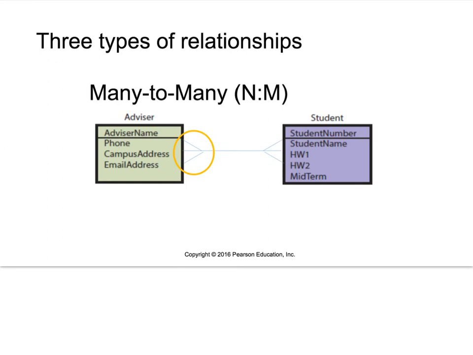To graphically represent the many-to-many relationship, draw crow's feet on both sides of the joining line between the two entities. In our example here, you see crow's feet on the left side going into the advisor entity. And also on the right side, you see crow's feet going into the student entity. Crow's feet going into the advisor and into the student entities means that the advisor-student relationship is many-to-many.